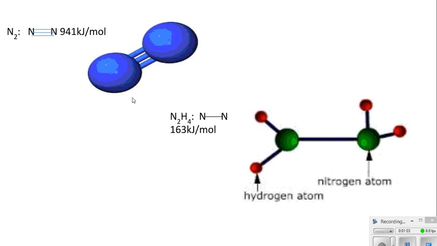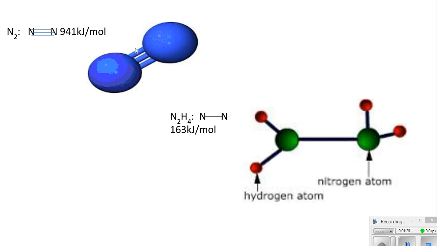Okay. For example, if we have a nitrogen molecule, remember nitrogen is diatomic, and it will form a triple bond. This one doesn't look very good, but if nitrogen is triple bonded with nitrogen, the bond enthalpy of that is 941 kilojoules per mole. That means 941 kilojoules for every 1 mole of nitrogen has to be put in order to break this bond.